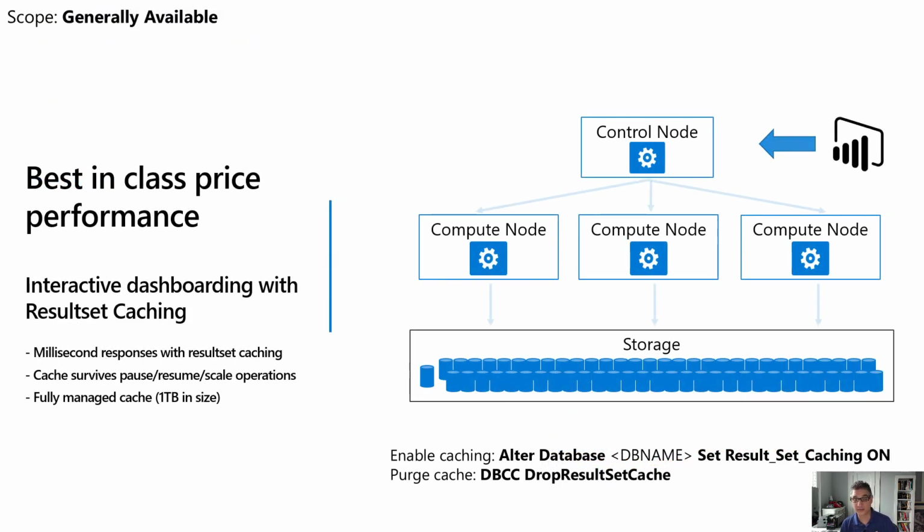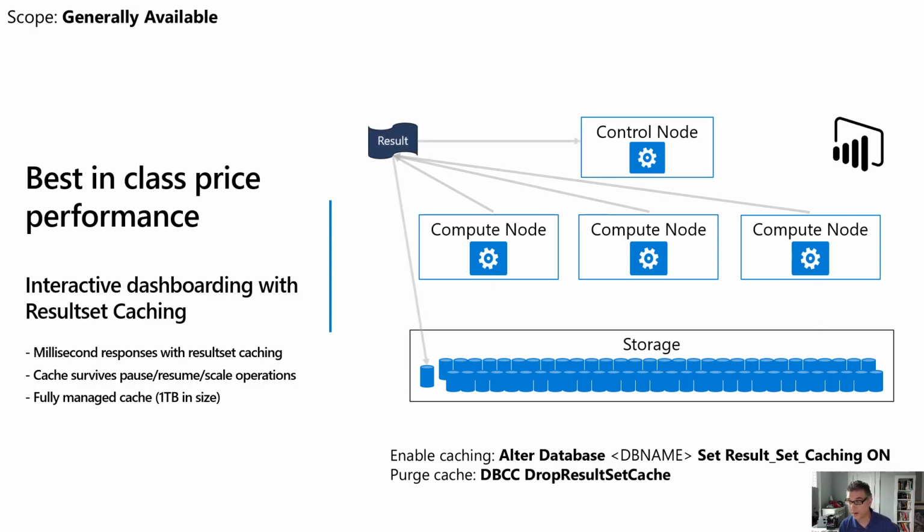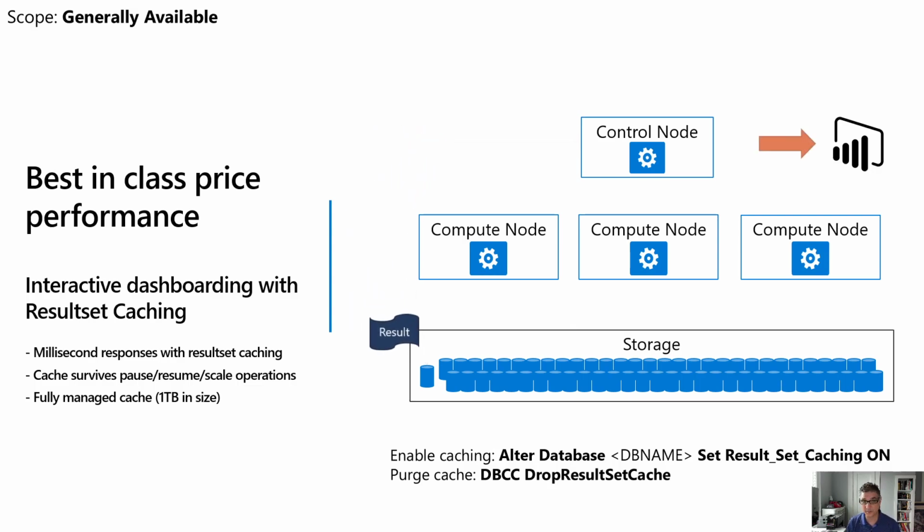We also have result set caching within Synapse, and it's a cache, and it's got some limitations, like it's 1 terabyte in size, and there are a few other things that would not cause data to be cached, like row level security.